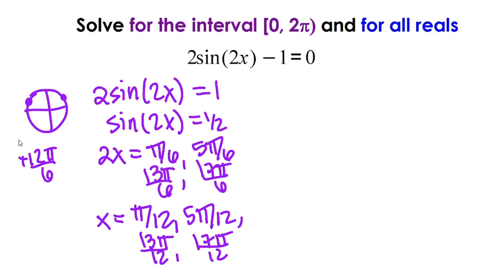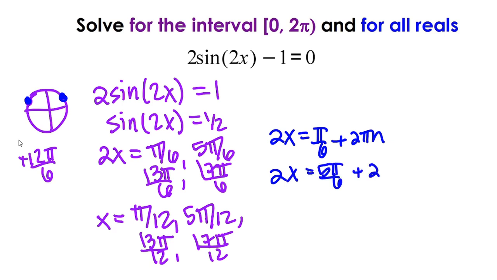And then let's see, what do we do next? For the all reals, we just take our 2 that we originally had. They're not on diagonal. And so we write 2x equals pi over 6 plus 2 pi n, and 2x equals 5 pi over 6 plus 2 pi n, and then we divide by 2.